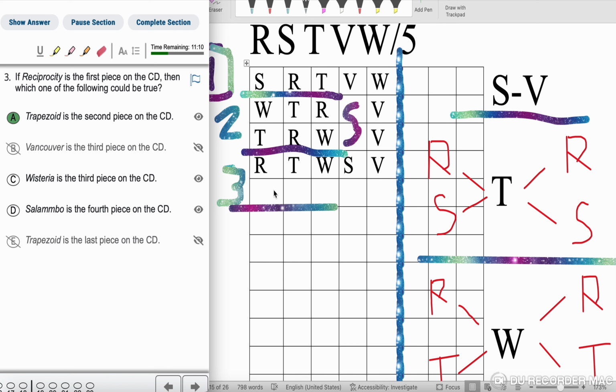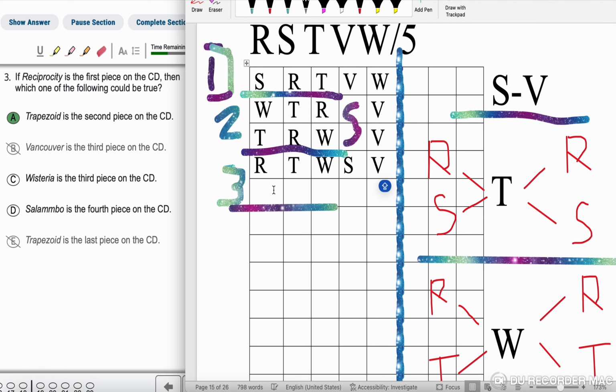Let me go ahead and do another world just to make sure it meets the condition where R is going to be first. So we're going to put R here. And I want to see if I can do a flip where I can flip the variable. So R and T have to be S and V. So what I can do here, I could put the letter S in second place.